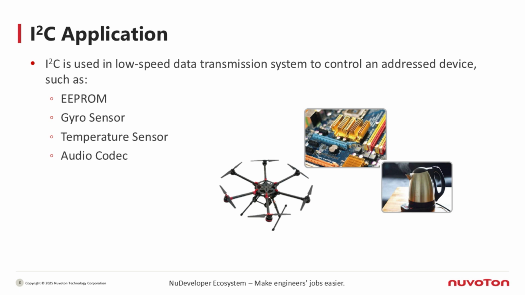They rely on I2C to report the system or ambient temperature back to the MCU. And even audio-related components, like Nuvoton's audio codec chips, often use I2C for configuring their internal registers. So in short, whenever you need a simple and reliable way to exchange small amounts of data with sensors or configuration devices, I2C is usually the go-to choice.